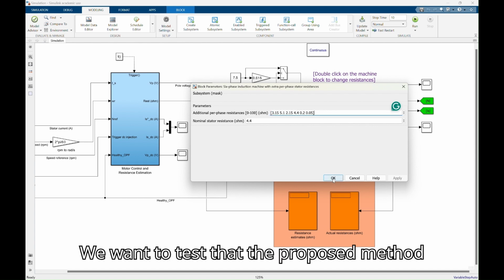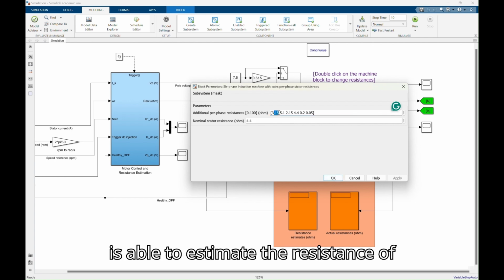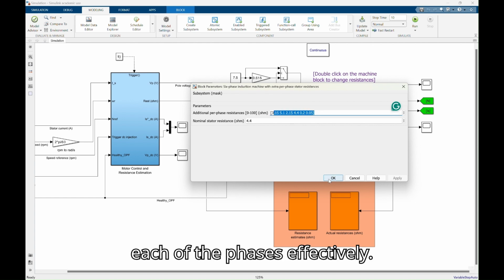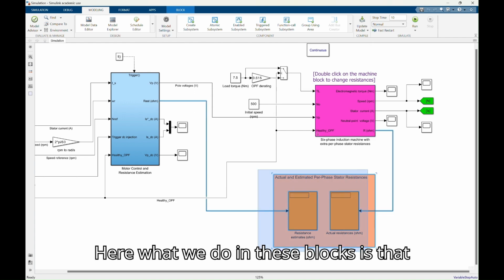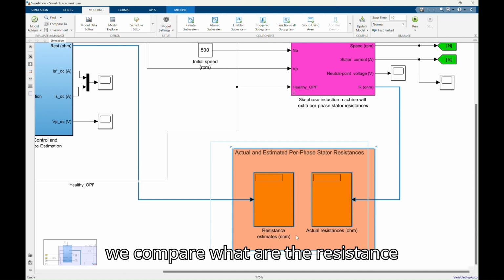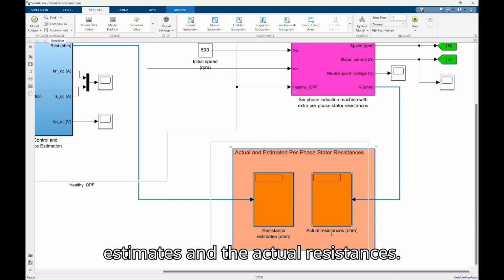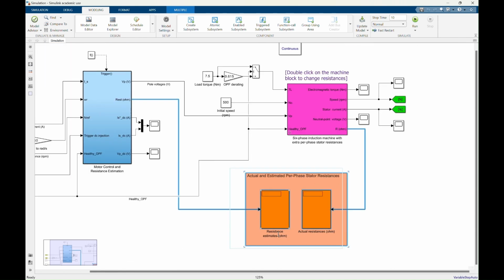We want to test that the proposed method is able to estimate the resistance of each of the phases effectively. Here, what we do in these blocks is that we compare the resistance estimates and the actual resistances.